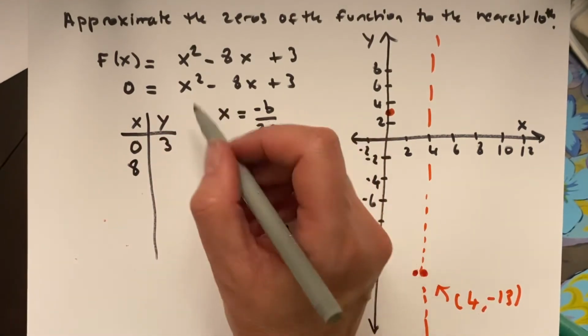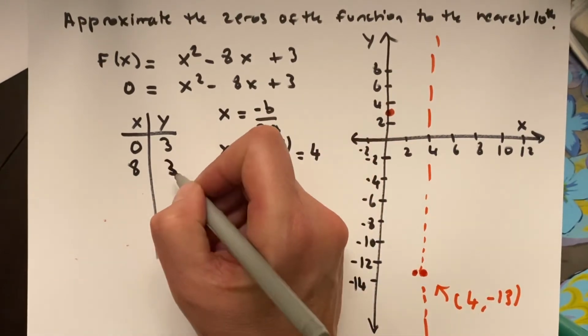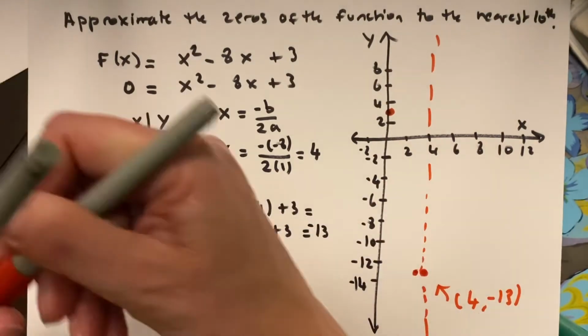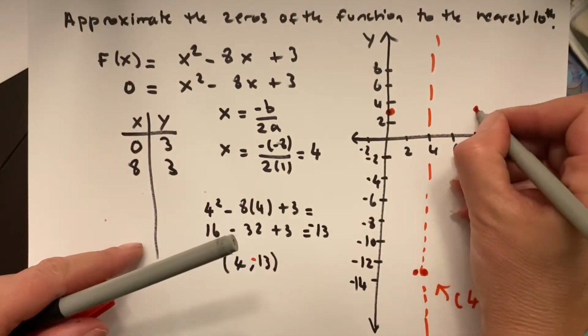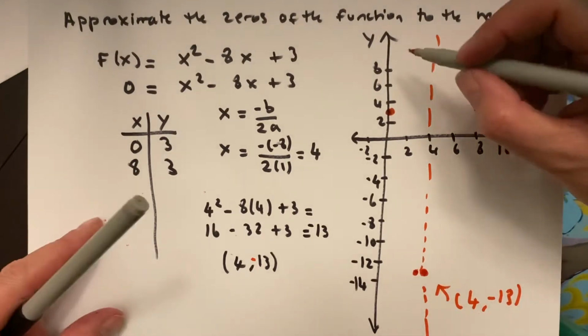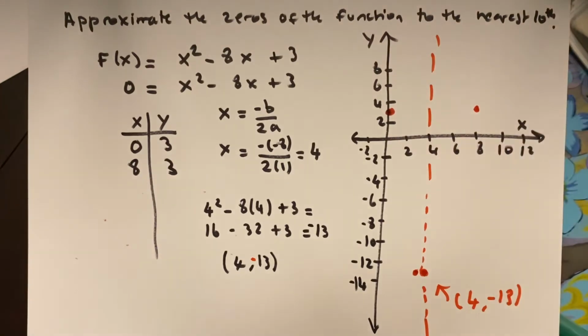And if that's correct, 64 minus 64 plus 3. This is going to be 8 and 3. And I think this is probably as close as I'm going to get. Although I should probably do 2, because I really need to get some accurate readings.